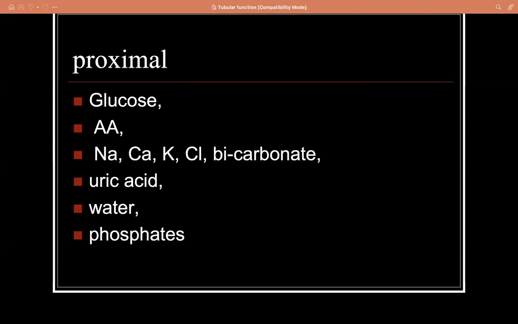So bicarbonate is filtered. And then there are two things that happen to bicarbonate. There is reabsorption of bicarbonate. You need to find out how bicarbonate is reabsorbed, in relation to who it is reabsorbed in the body.